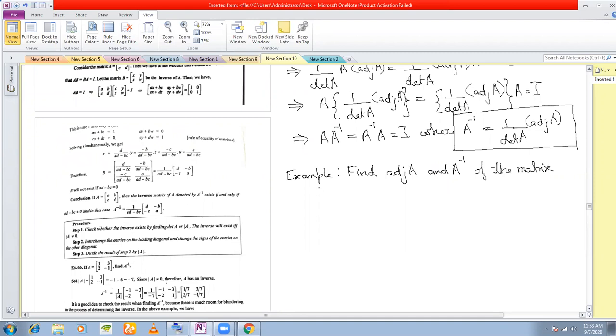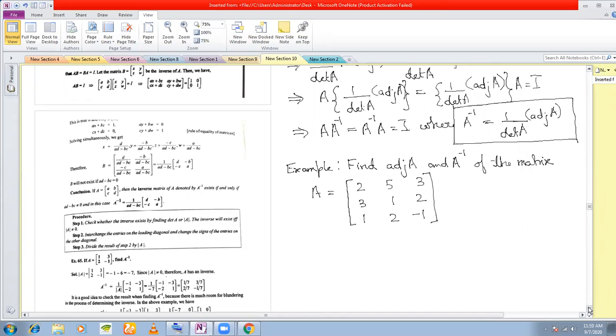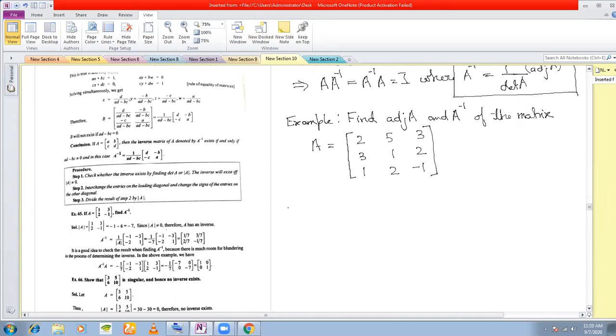Of the matrix A equal to 2, 5, 3, 3, 1, 2, 1, 2, minus 1. Find the adjoint and inverse of this matrix.